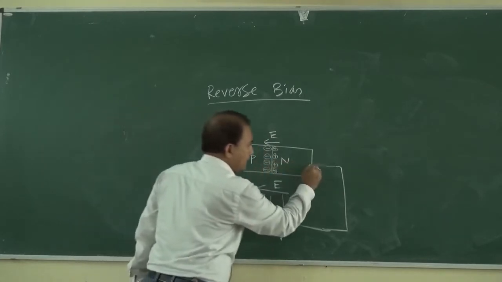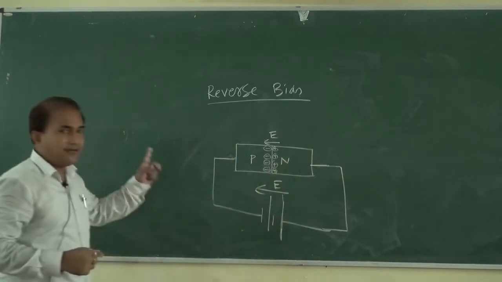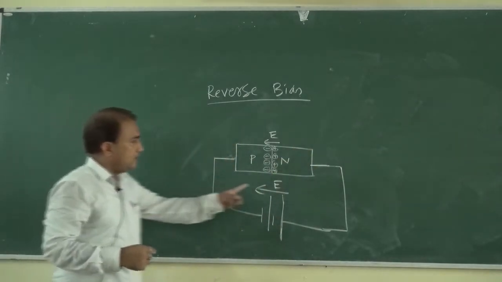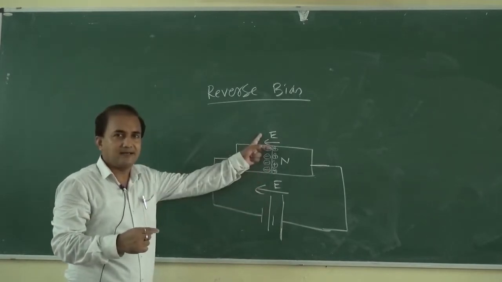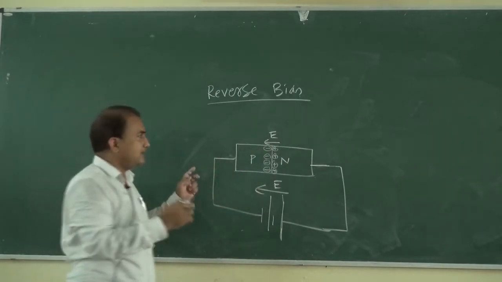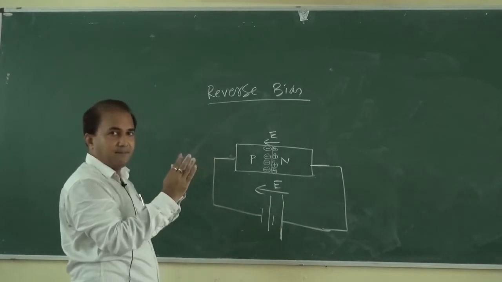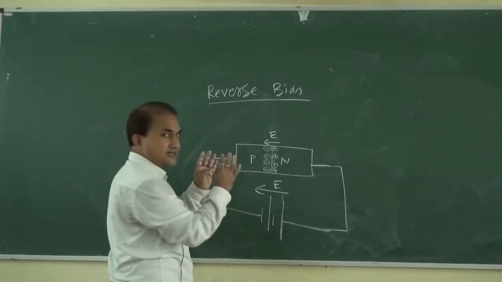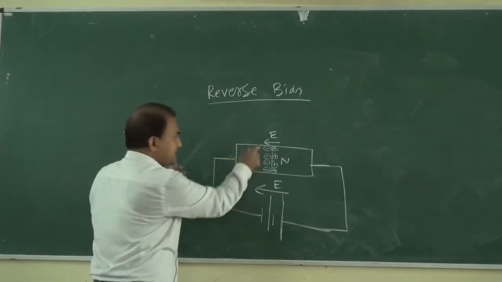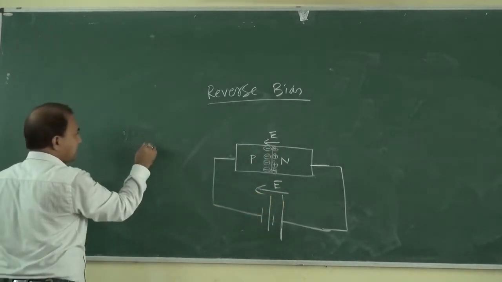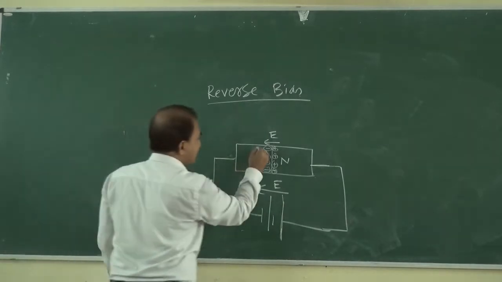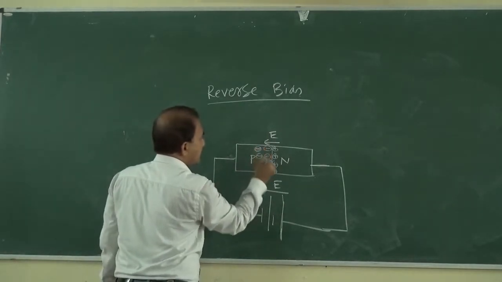Now after connecting in reverse bias, both electric fields are in the same direction. It means that the depletion region increases. Because of this, the depth or height of the depletion region increases.